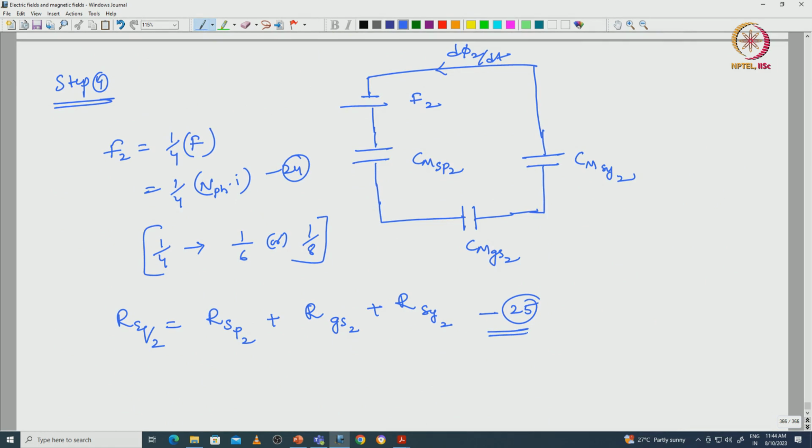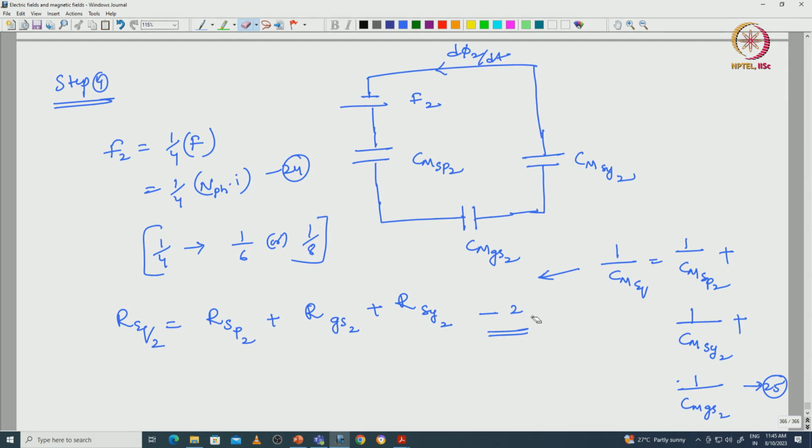Based upon the equivalent circuit analysis, that is 1 by C magnetic capacitance equivalent is equal to 1 by the magnetic capacitance with respect to the stator pole plus 1 by the magnetic capacitance with respect to the stator yoke plus 1 by the magnetic capacitance with respect to the slot region. So, from this equation we have to derive this. This is equation number 25, then we can write this is equation number 26.